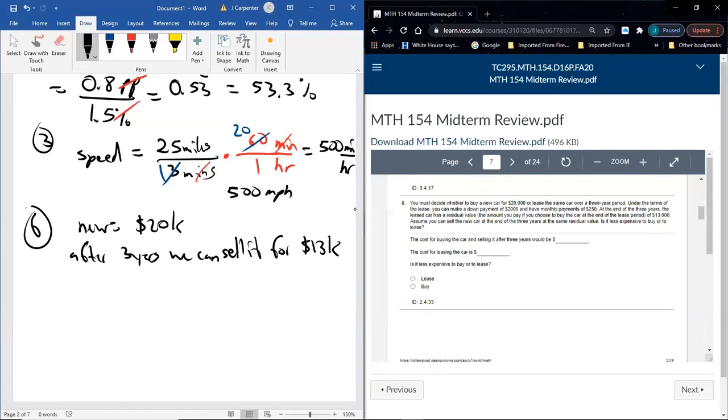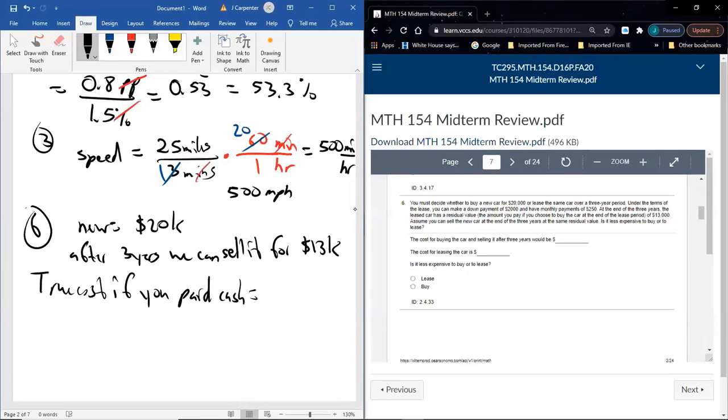So the true cost, if you paid cash, is going to be what you paid up front minus what you got back, because after 3 years, now you have $13,000 back in your pocket. So you didn't pay that full 20 grand for the car.